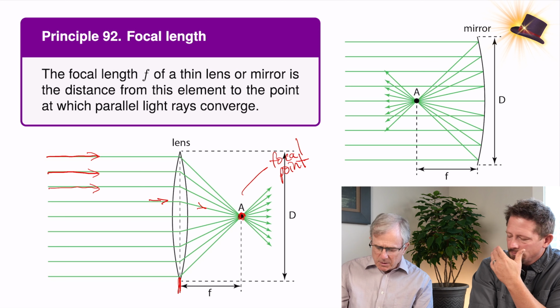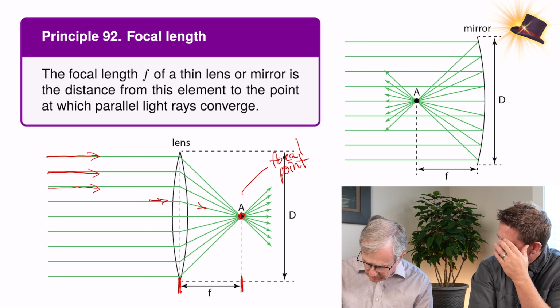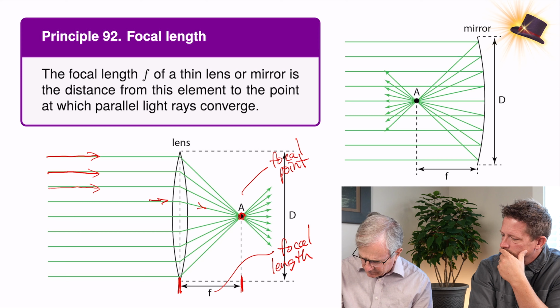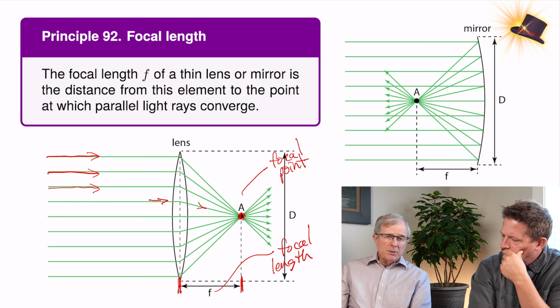The distance between the lens and that focal point is called the focal length. So that's all there is to it.